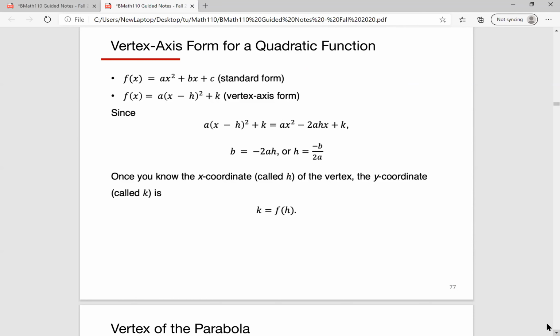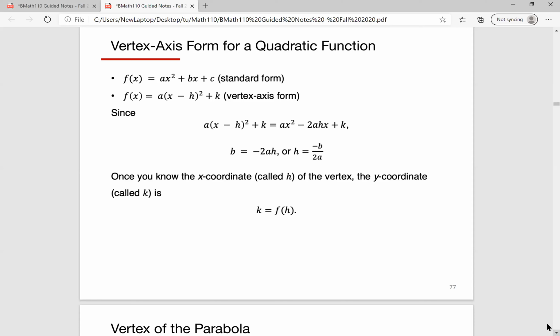Now we're going to talk about the vertex form for a quadratic function. The form that we usually see is standard form, as you saw in the example above. But sometimes we need to convert it to vertex axis form, or usually I call it vertex form.